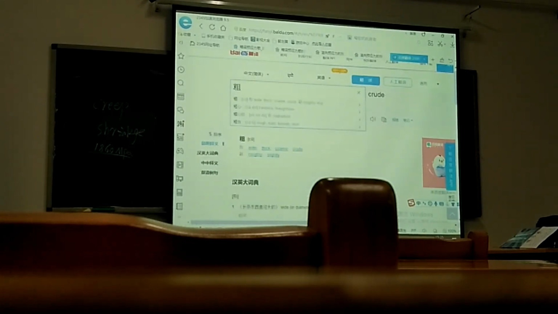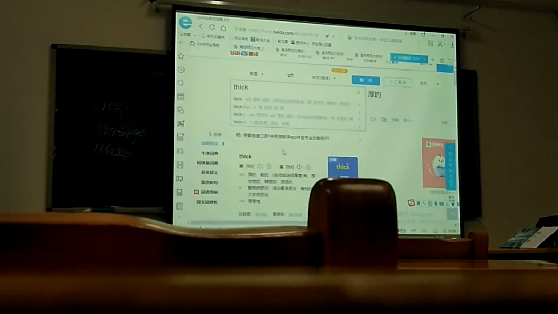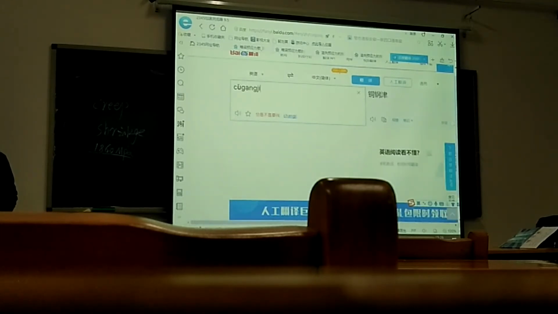Is it thick? Claw? No, it's not. It's claw. Thick. Okay, thick. You can use thick or shape.